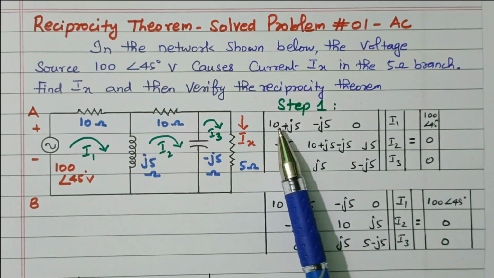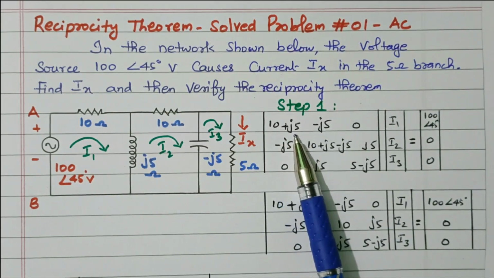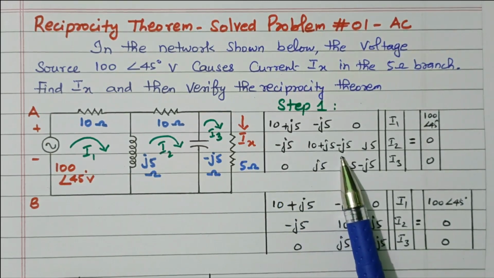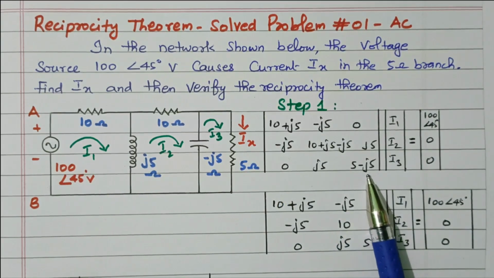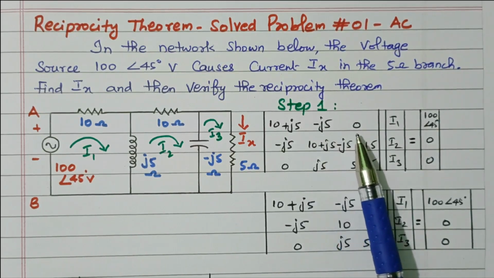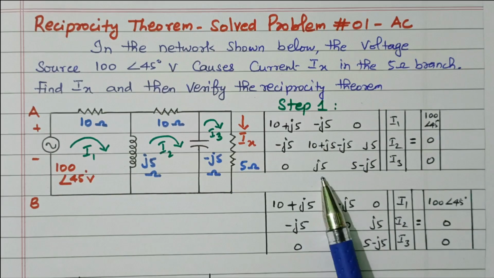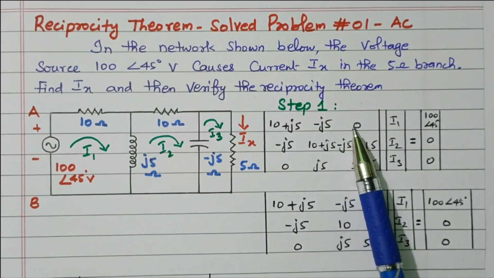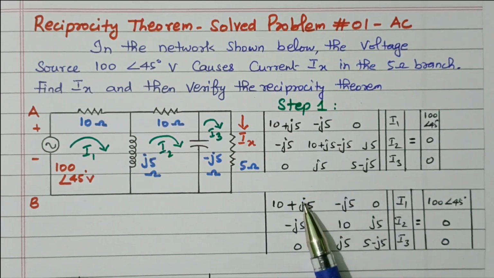So we framed the impedance matrix. R11 is the total impedance available in loop 1, R22 the total impedance in the second loop, R33 the total impedance in loop 3. R12, R13, R21, R23, R31, R32 are the common impedances between the loops, such as first and second, first and third. Other than the diagonal, all are negative.